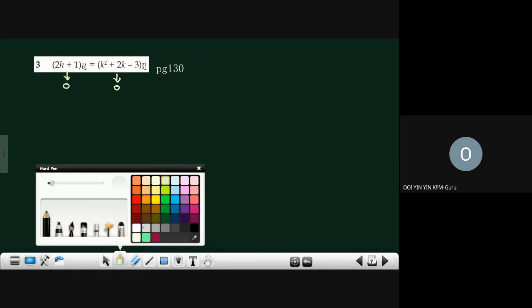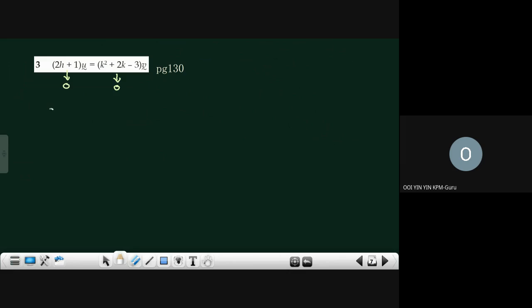Now count. First is 2h plus 1 equals 0. So 2h equals -1, h equals -1 over 2. That's your h.